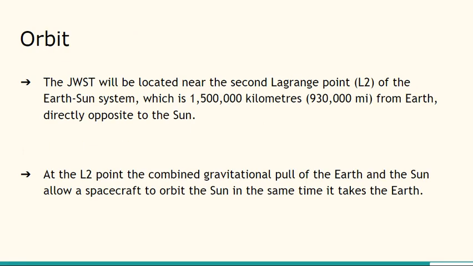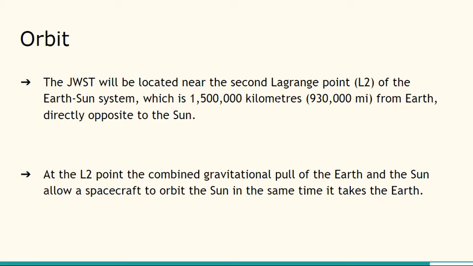So let's talk about its orbit, where it is exactly placed. There are 5 Lagrangian points in any two-gravitating-body system. These points are the places where the potential is such that the time period of a particle or an object placed at that particular point is the same as that of Earth.